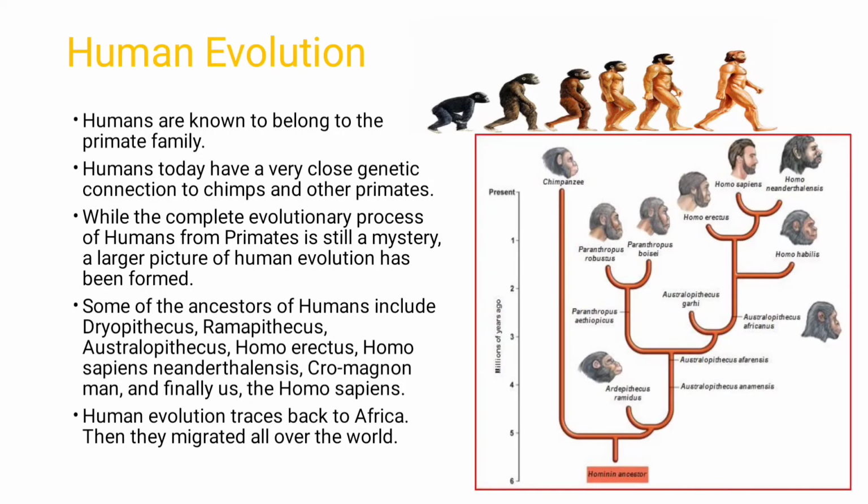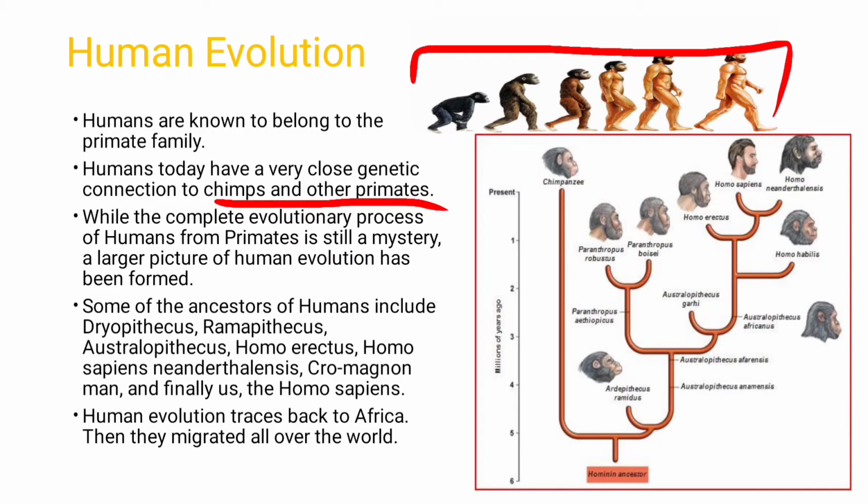Now, the last topic of this chapter is human evolution. Humans are believed to have evolved from chimpanzees and other primates. They have a genetic connection with chimpanzees and other primates, and it is believed that over 6 million years ago humans were like chimpanzees.